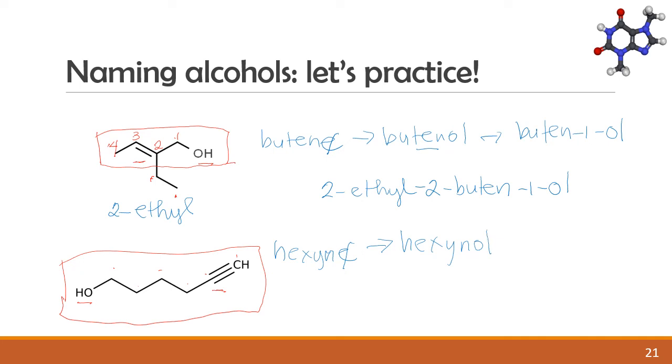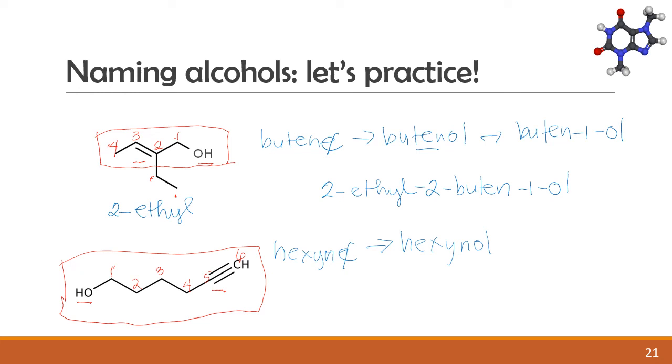Let's now number the carbons. The hydroxyl group has higher priority in the numbering, so this carbon should be given the lowest number possible. 1, 2, 3, 4, 5, and 6. Now we need to indicate the position of the hydroxyl group in the name.